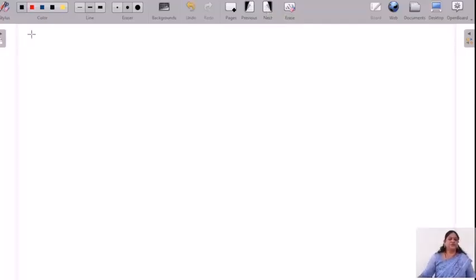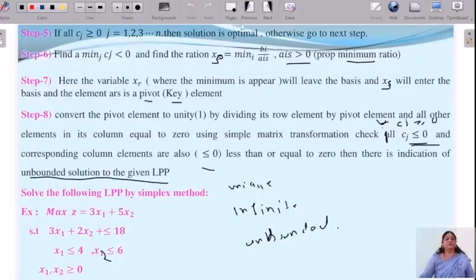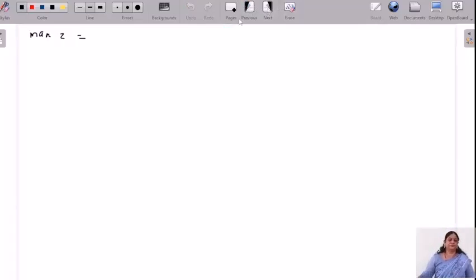Our objective function is maximize z equal to 3x1 plus 5x2 subject to the first constraint 3x1 plus 2x2, we add a new variable x3, equal to 18.